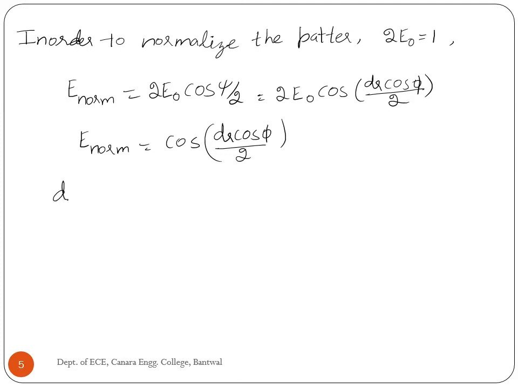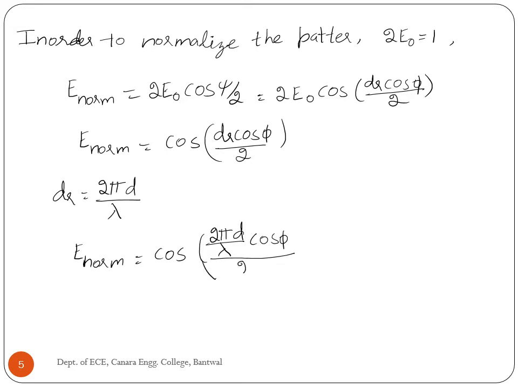We know that psi is equal to 2 pi d/lambda, and we substitute psi into the normalized E equation. And also substitute d equal to lambda/2.